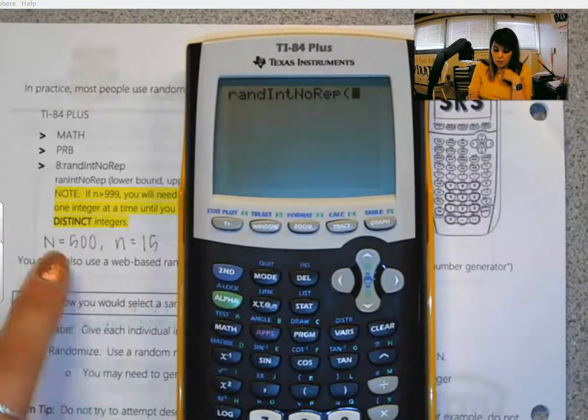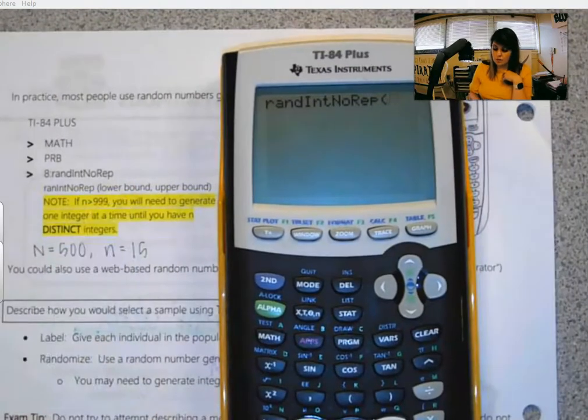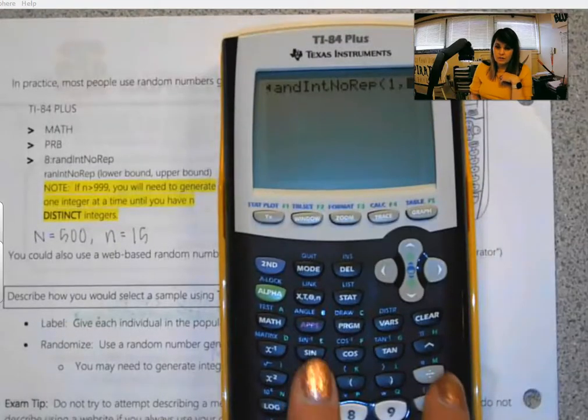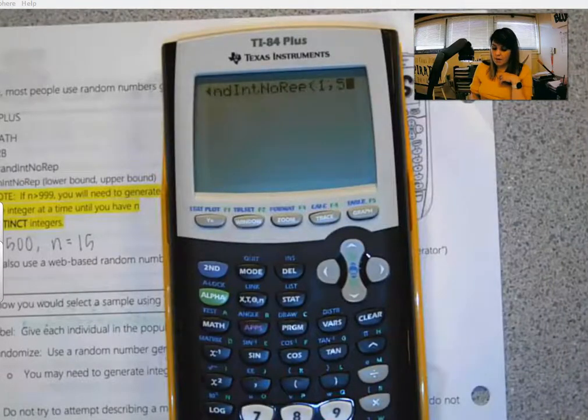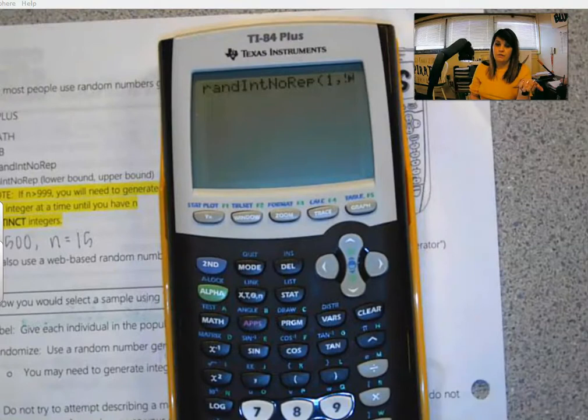Then we enter our lower bound. Our lower bound is the student that was numbered 1. We use the comma, which is above the 7, and we enter our upper bound. That's student 500. Then we hit enter.